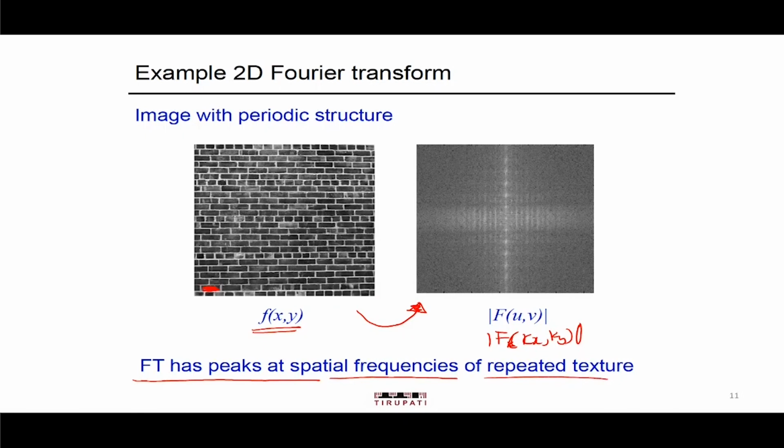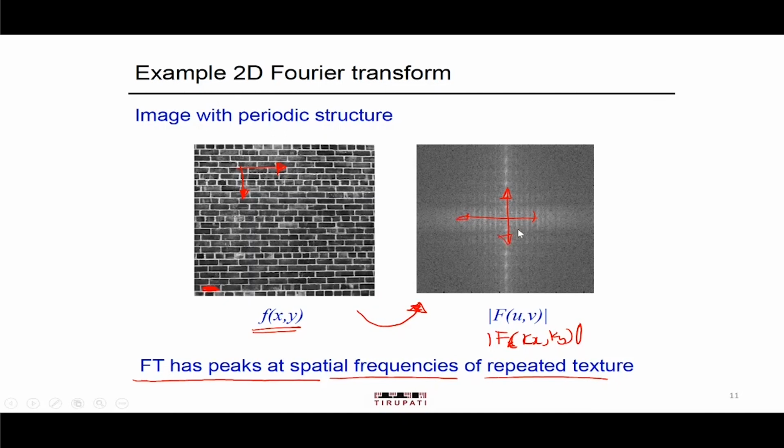So the fundamental frequency and higher order frequencies at all those points, you could observe the texture. Again, there are different periodicities. Even in this direction there is some periodicity, and even in this direction there is some periodicity. So you could see periodicities in this direction, repeating for higher order frequencies, and also in this direction you are able to see the periodic effect.